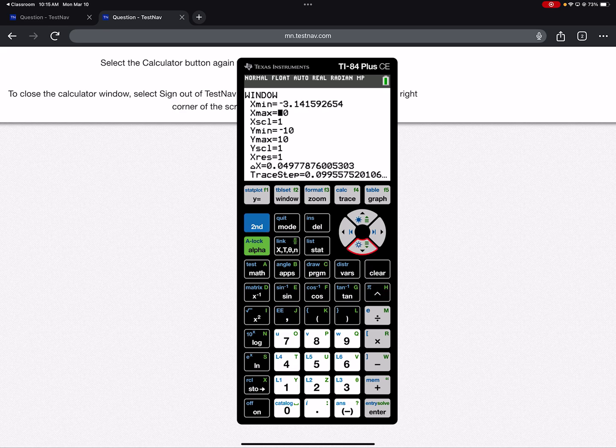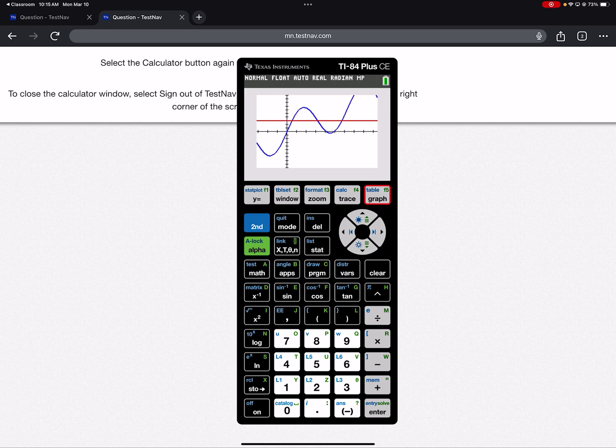Notice your calculator changes it automatically. That's pretty cool. And I don't want 2 pi as my max in case one of my answers is 2 pi, so I'll go a little bit past that. I'm going to say my x max is 3 pi. Then I hit graph, and there we go.